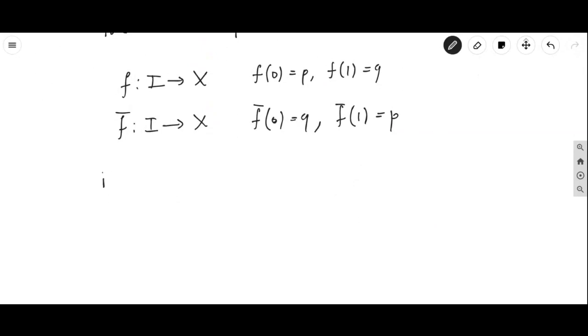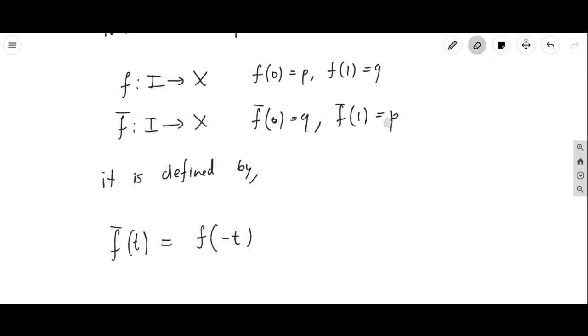So it is defined by, so f bar of t, you make time go backwards. Now you cannot write negative t. That would not make sense, because the original path, you see this is the original path, it's only defined when the time parameter is between 0 and 1. So that's not going to make sense. But what you could do is you can write 1 minus t.